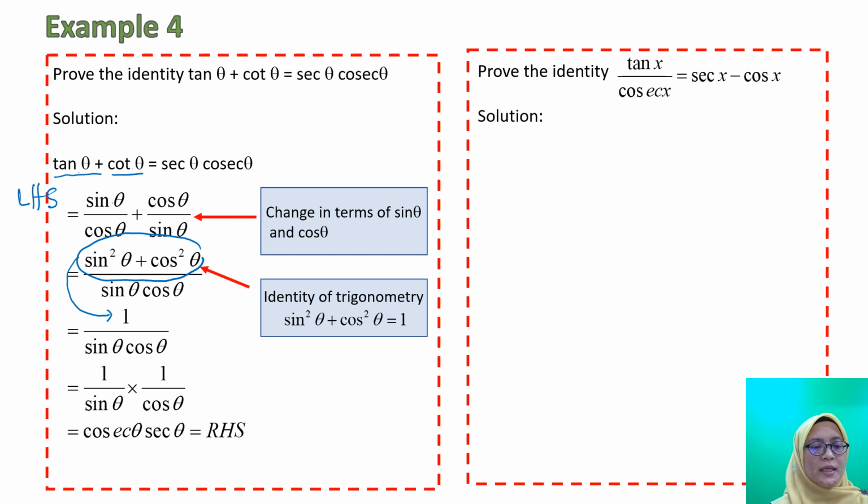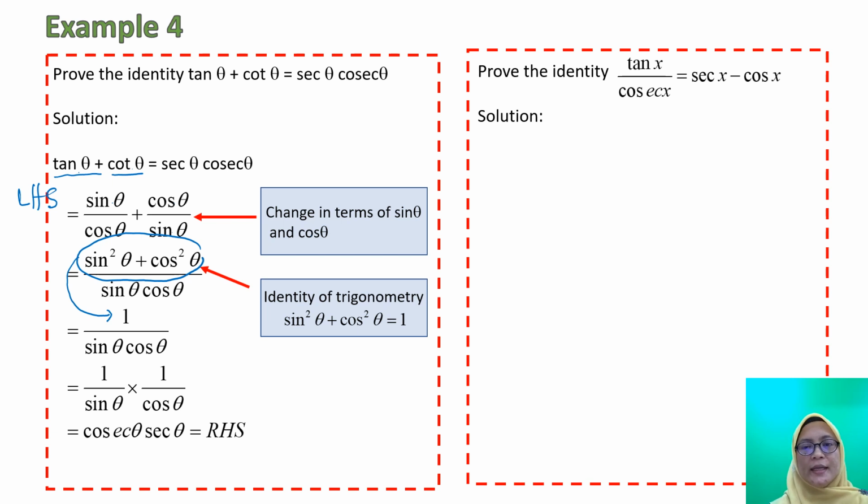So 1 over sin is cosecant, 1 over cos is secant. So ini kena kreatif sikit lah macam mana you nak apply all the basic operation in mathematics. So you nak kena expand ke, nak kena samakan pembawah ke, so it depend. So itu creativity masing-masing.